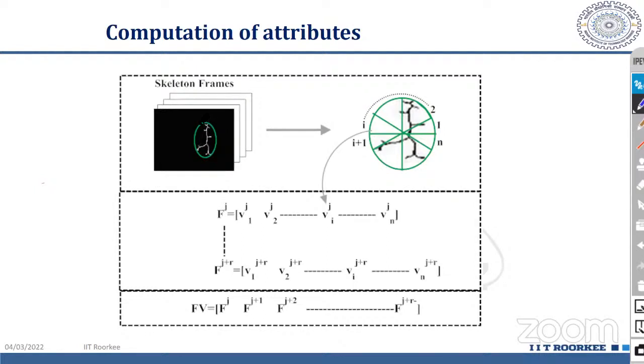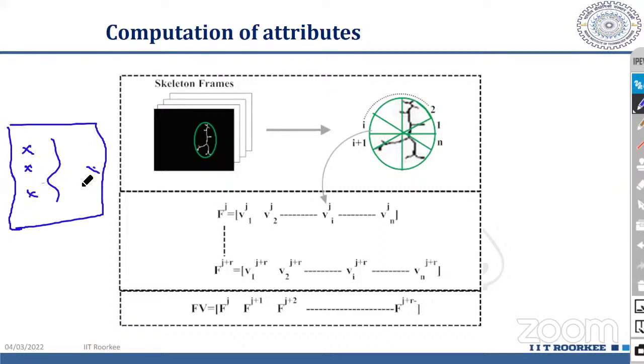Now I'll be using an ellipse as a bounding box. The reason I'm using an ellipse as a bounding box is that if I use, let us say, a square, it will unnecessarily be occupied by a number of black pixels. If it is a rectangle, the same problem.